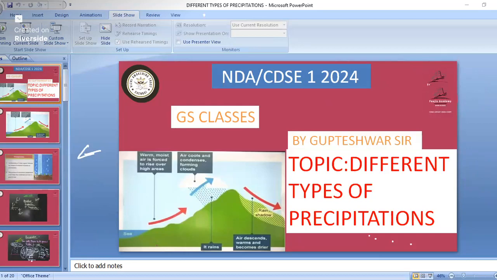We know that industries and others are releasing smoke. In mountainous parts, first we have the dew, then we have the fog, which is also near the earth's surface only.